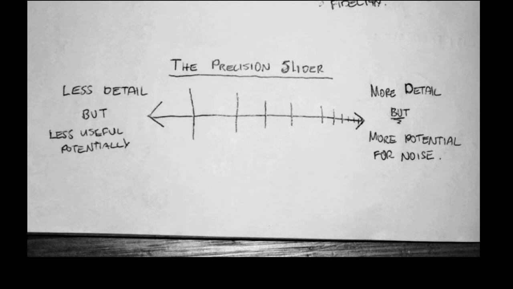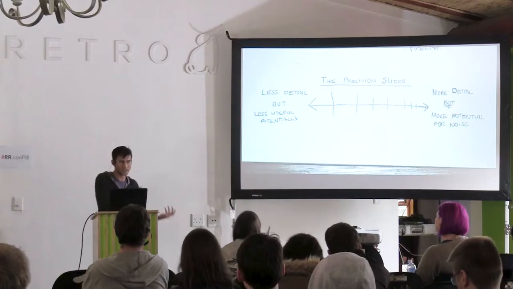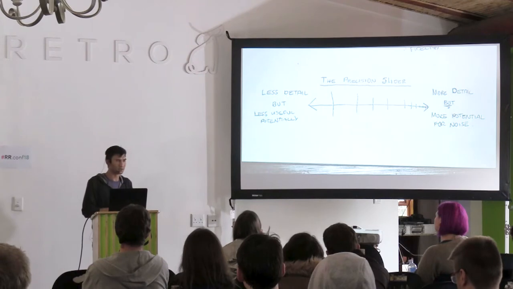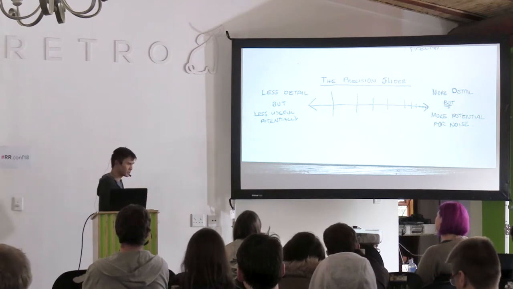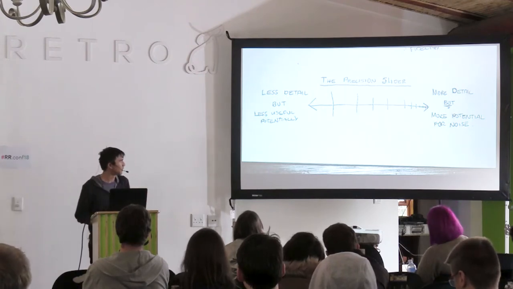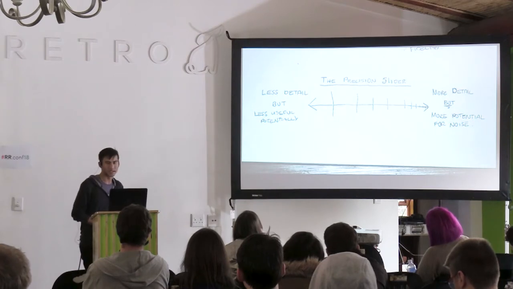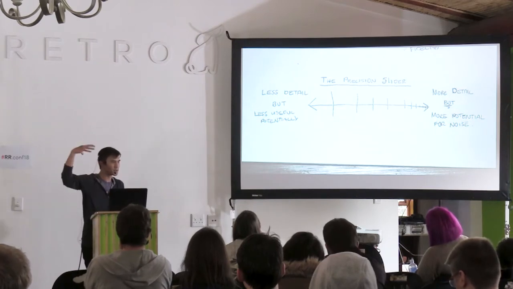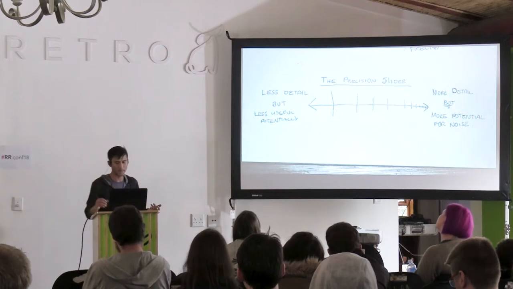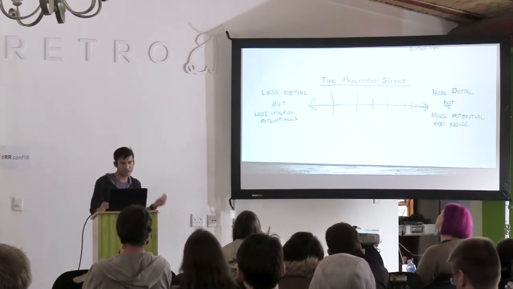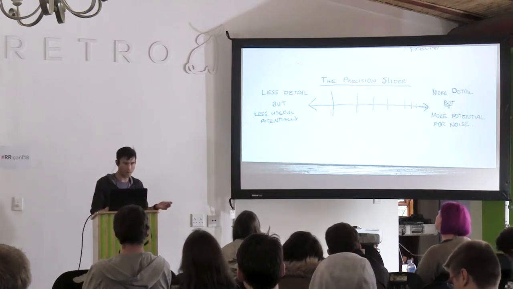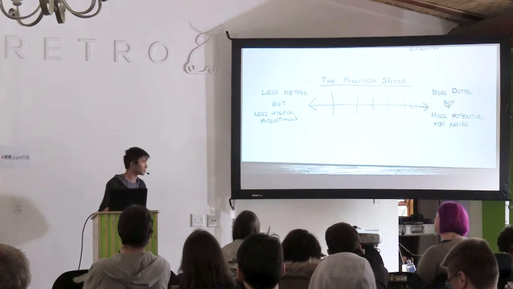You can go down into having more detail, but its potential for noise increases, so you might get overwhelmed if you're too low in the detail. You could also have less detail, but then it could be so abstract that it's not useful at all. So using the precision slider, you can figure out how detailed you want to be with your models.